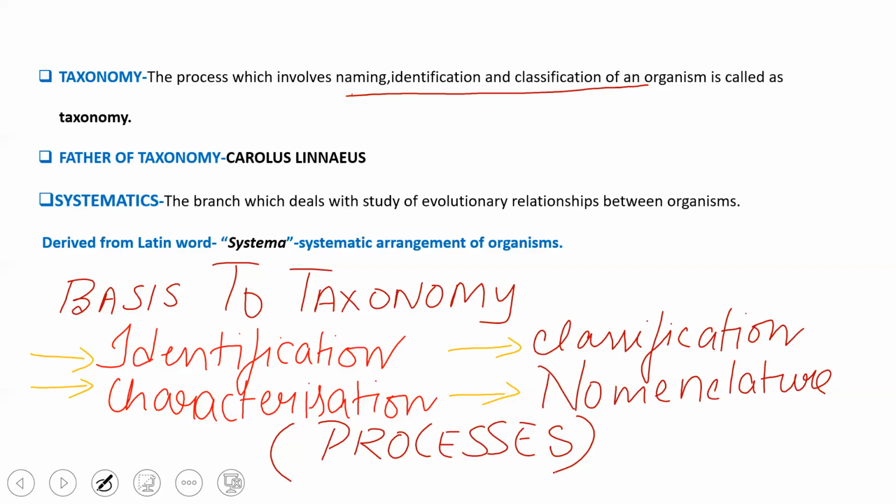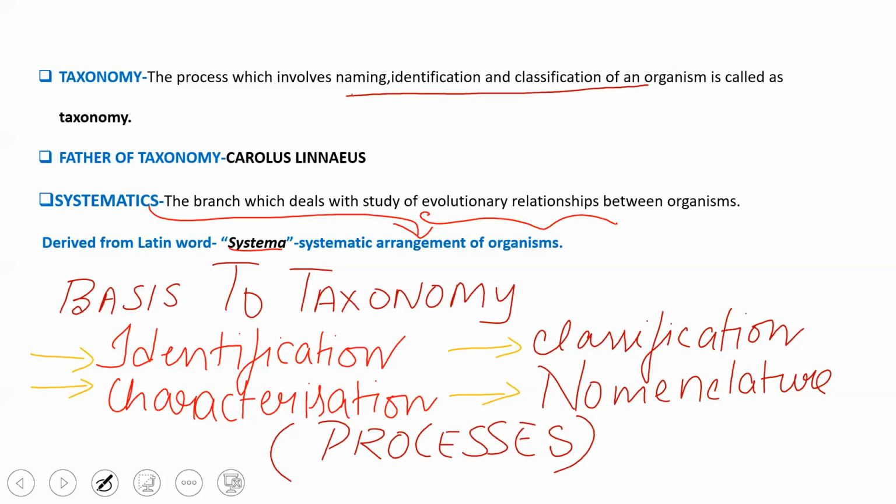And also we understood in our previous class, father of taxonomy is Carolus Linnaeus, and his very famous publication is Systema Naturae. The word systematics has been derived from a Latin word, systema, which means systematic arrangement of organisms. So it is dealing with the evolutionary relationship.